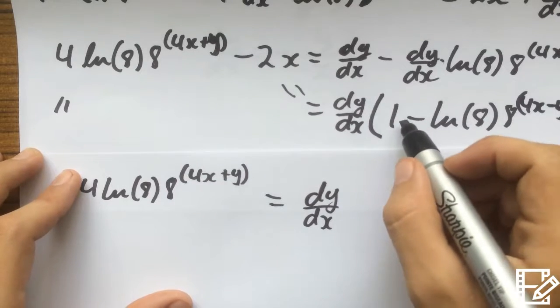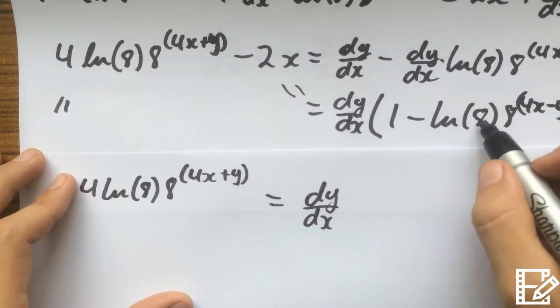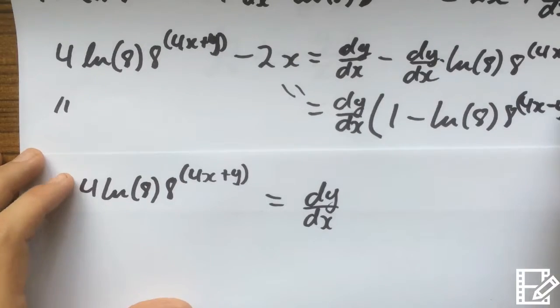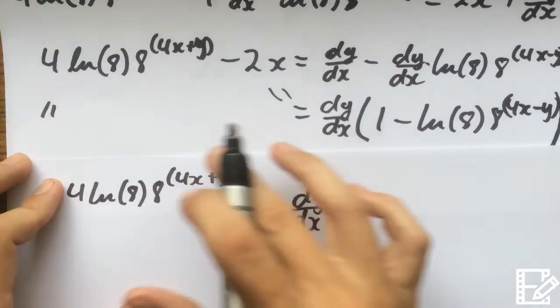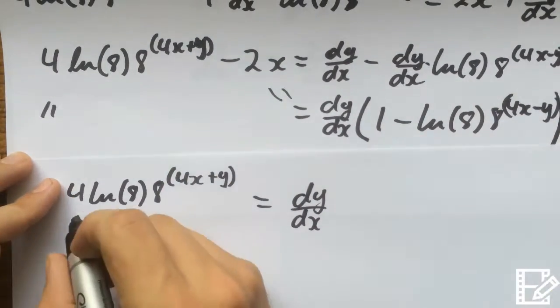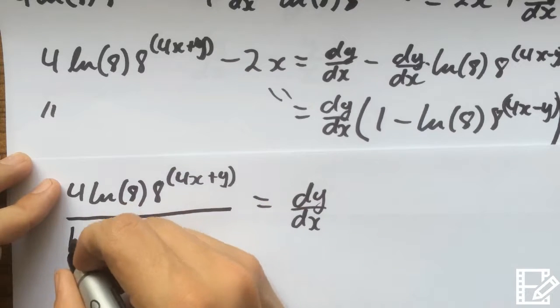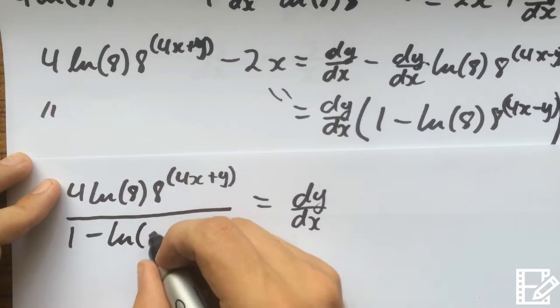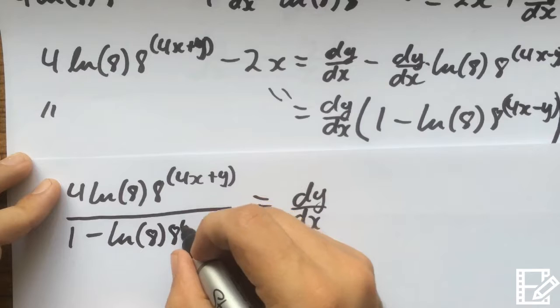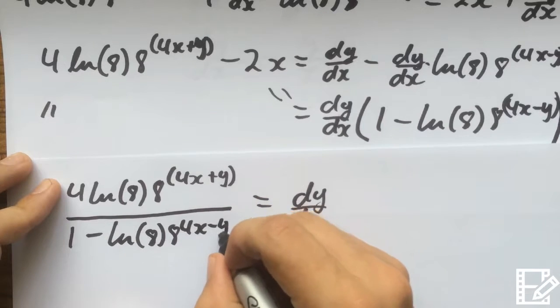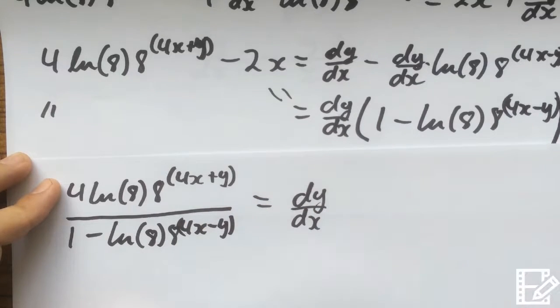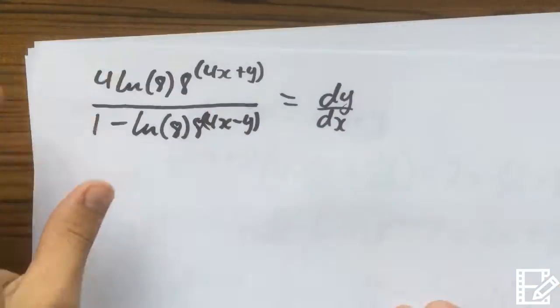I'm going to divide 1 minus ln of 8 to the power of 4x plus y from both sides, which will cancel out this side, and bring it to the bottom on this side. And that there is your answer.